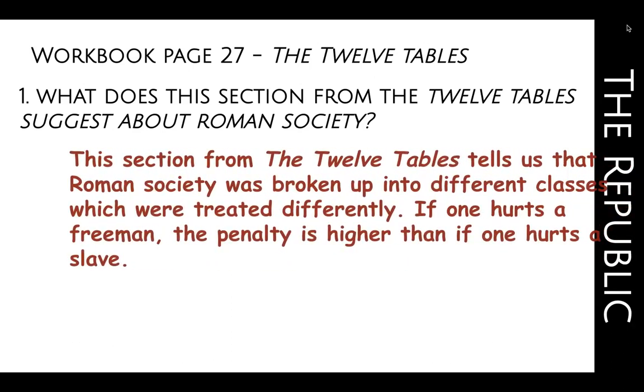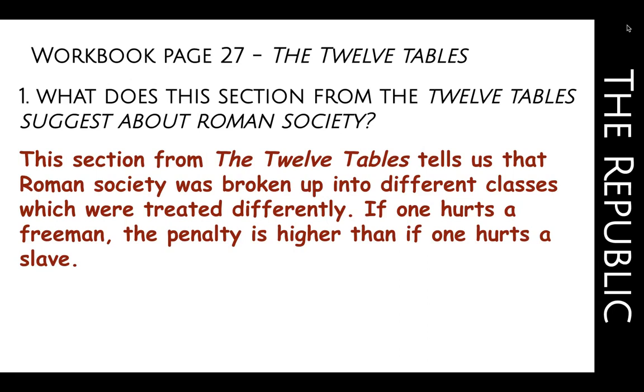Welcome back, my friends. We are talking about the 12 tables of law. I said that this section from the 12 tables tells us that Roman society was broken up into different classes which were treated differently.